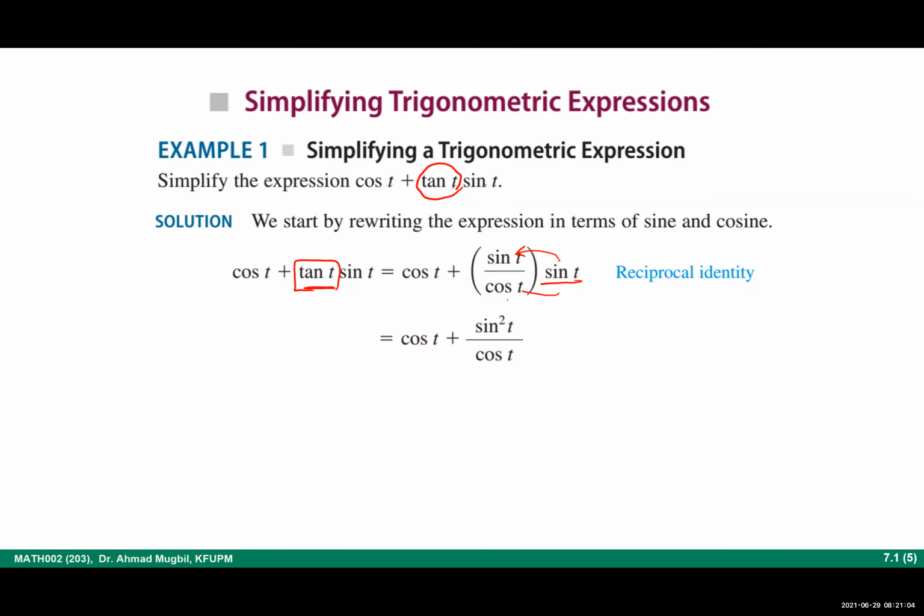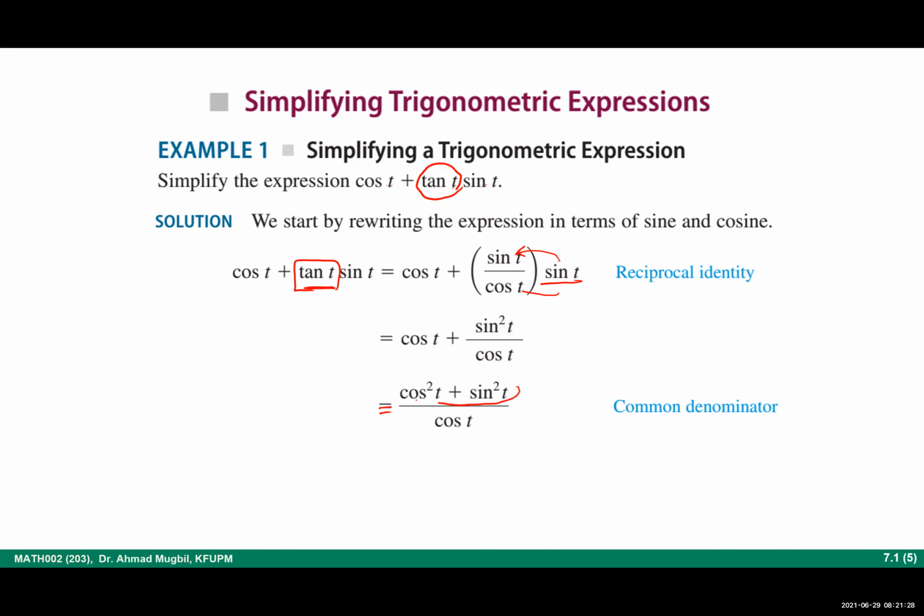Now we have two fractions. Here we have 1 also in the denominator. So we will make them a single fraction. We will unify the denominators, so we will make both of them over cosine t. We will multiply cosine by cosine, so it will be cosine squared plus sine squared over cosine of t.